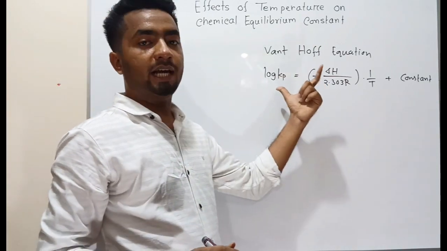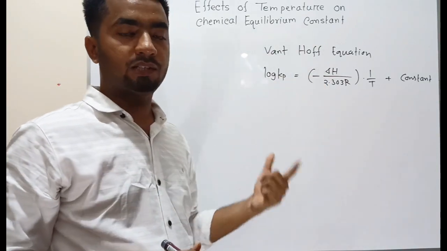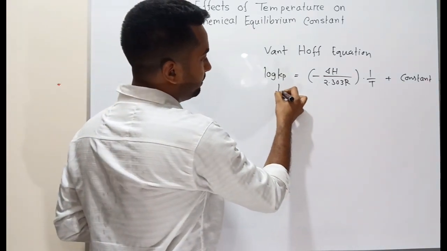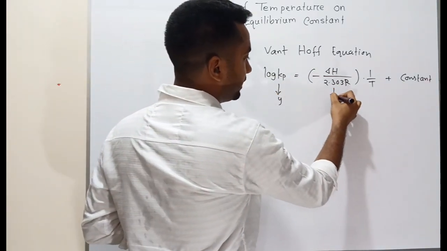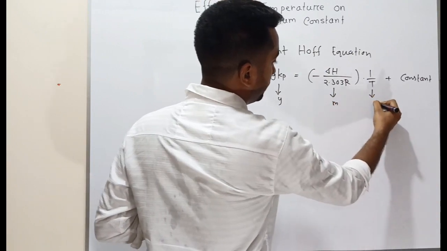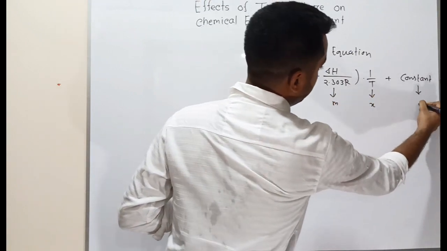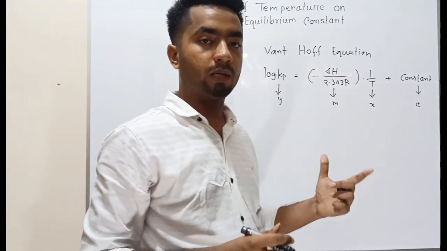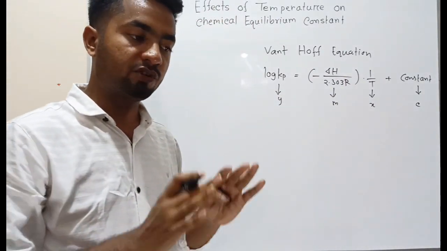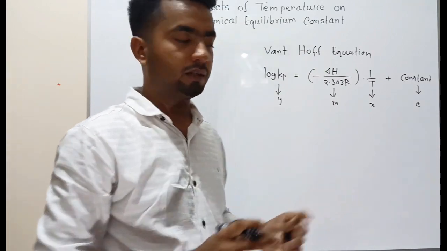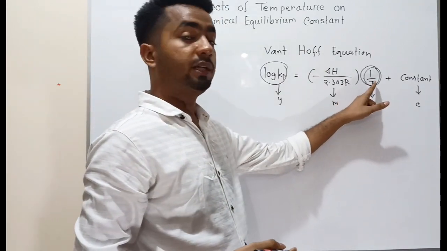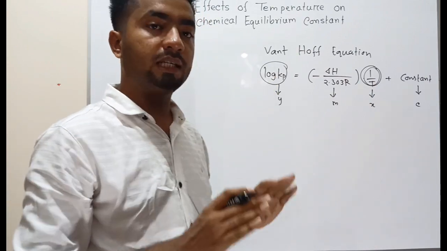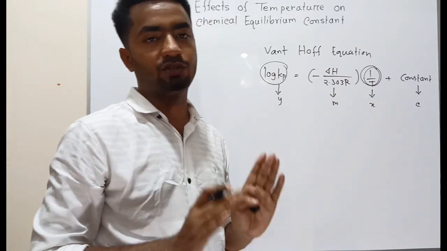This equation can be compared with the straight line equation. We compare log Kp with y, minus delta H by 2.303 R with m, 1 by T with x, and the constant with c. We know that y equals mx plus c is the standard equation of a straight line. So if we plot 1 by T on the x-axis and log Kp on the y-axis, we will get a straight line.